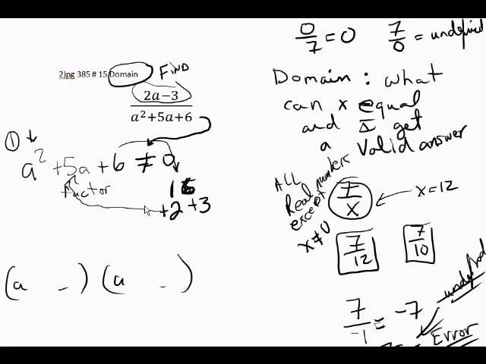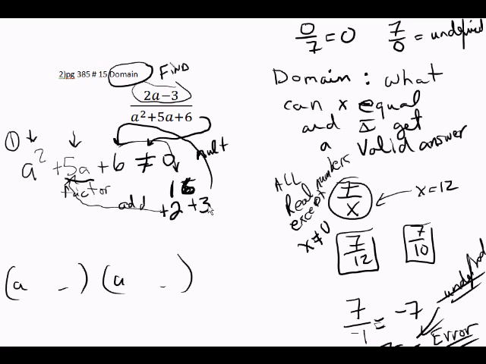Yeah, now I'm going to erase the multiplication. And do you see what you do is you just put a plus or minus in front of them. A plus 2 and a plus 3 equal a plus 5. Do you see? If you add the two numbers, it has to equal the middle term. If you multiply the two numbers, it has to equal the last term.